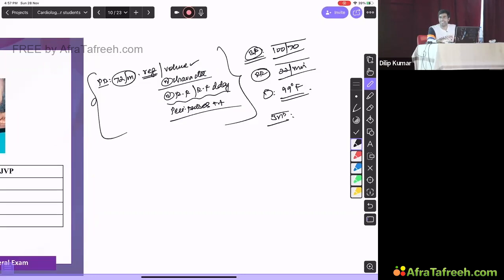Then if there is pulmonary hypertension, it should be a prominent A wave, no? No pulmonary hypertension. Anything else? AF. That should be a complete diagnosis, not just mitral stenosis. It should be acquired valvular heart disease.